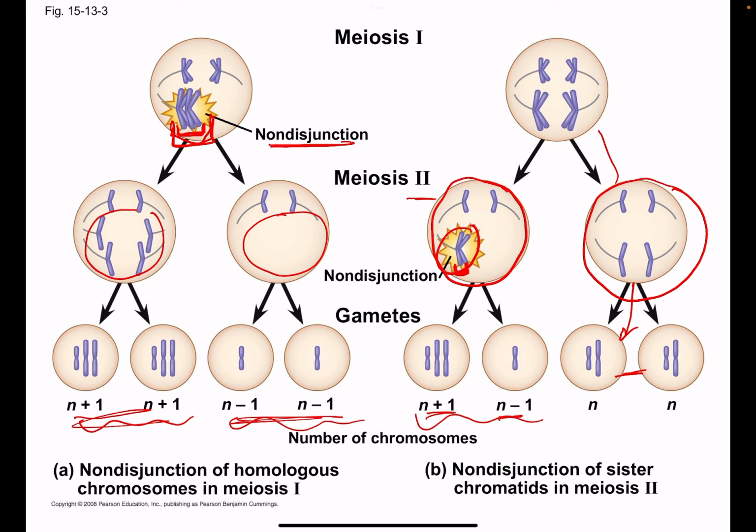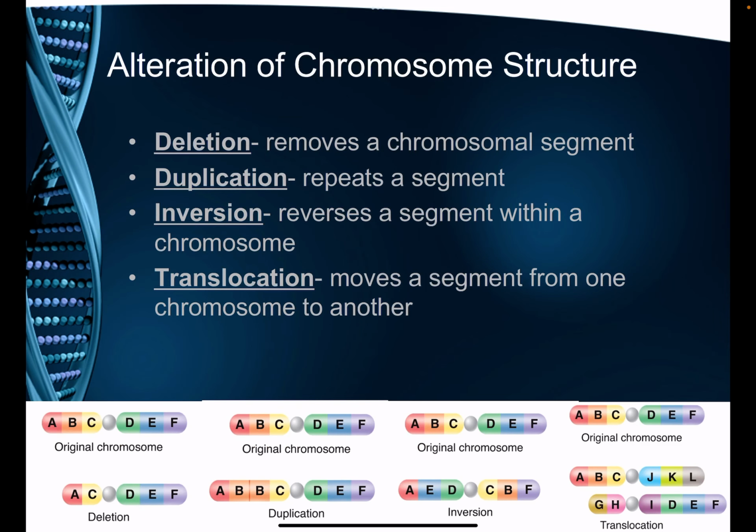These cells show aneuploidy. They have an extra chromosome or they have 1 less chromosome. So that non-disjunction can happen in meiosis 1 or meiosis 2. Always, however, during anaphase when they're being pulled apart. Okay? Now, aside from changing the complete number of chromosomes, you can also change the structure of a chromosome.